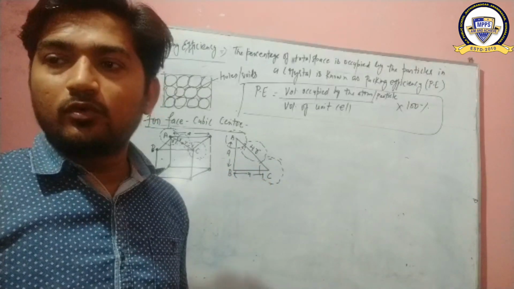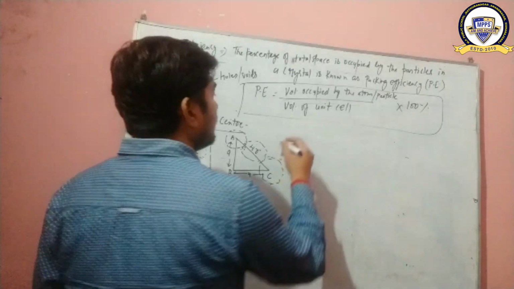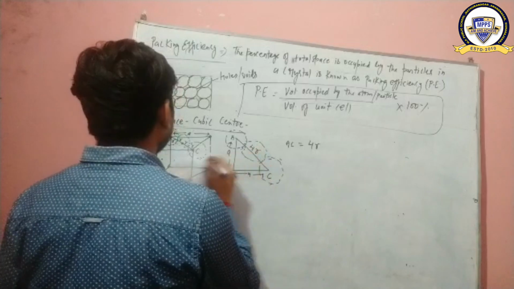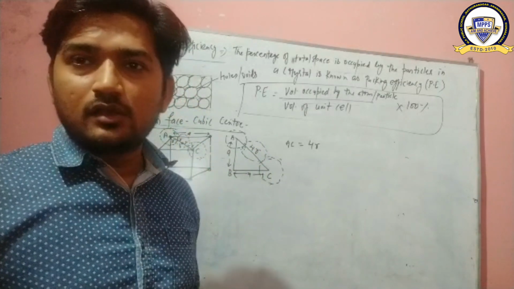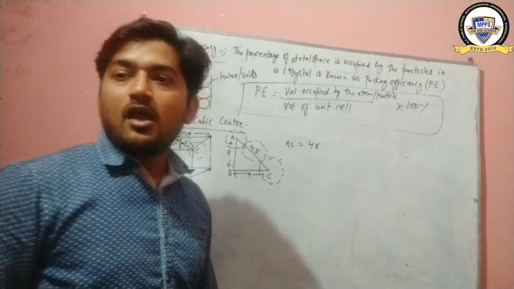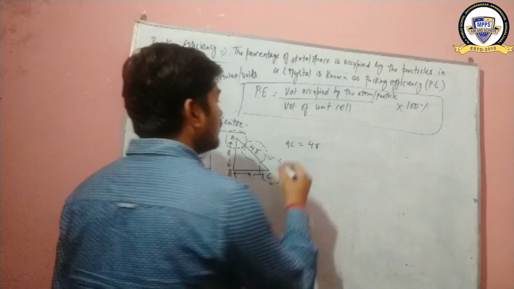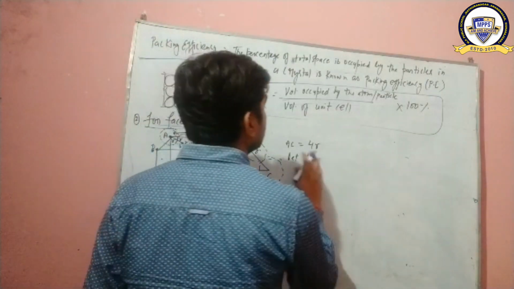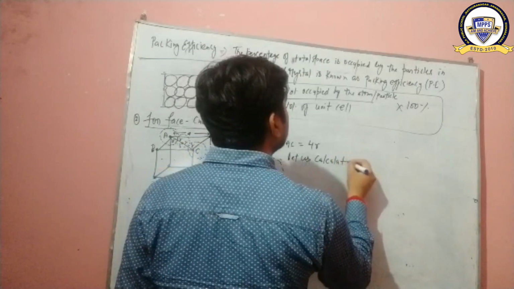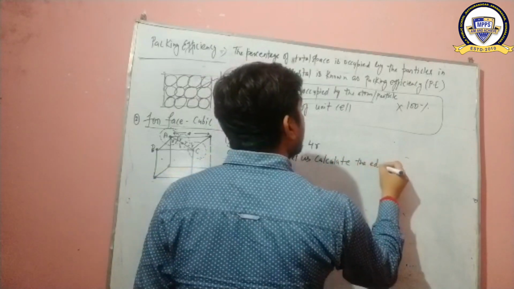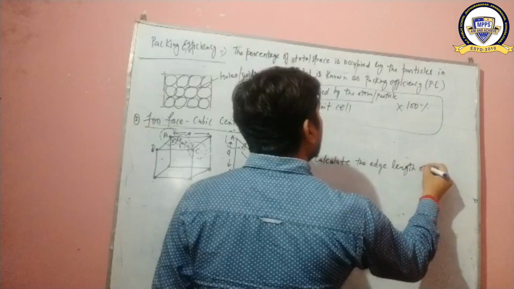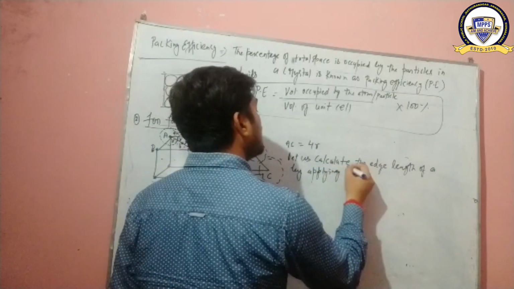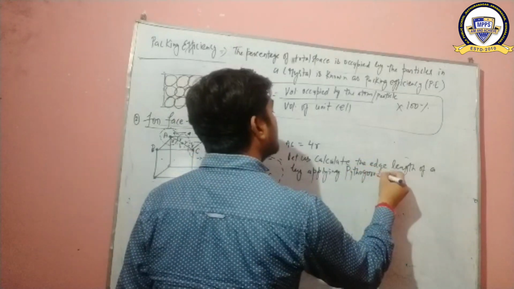So we found that AC is equal to 4r, and this point is known as B. So by applying the Pythagoras theorem, let us calculate the edge length a.